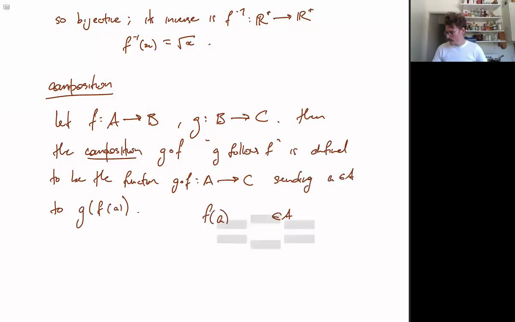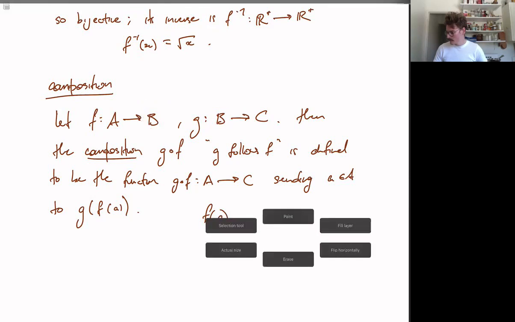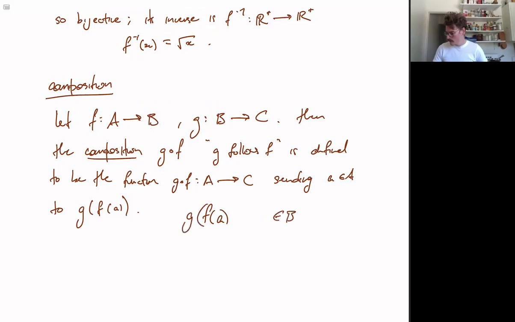And now, this is an element of here, right? So we can apply G to it, because this is the domain of G. And finally, we get something here, an element of C.